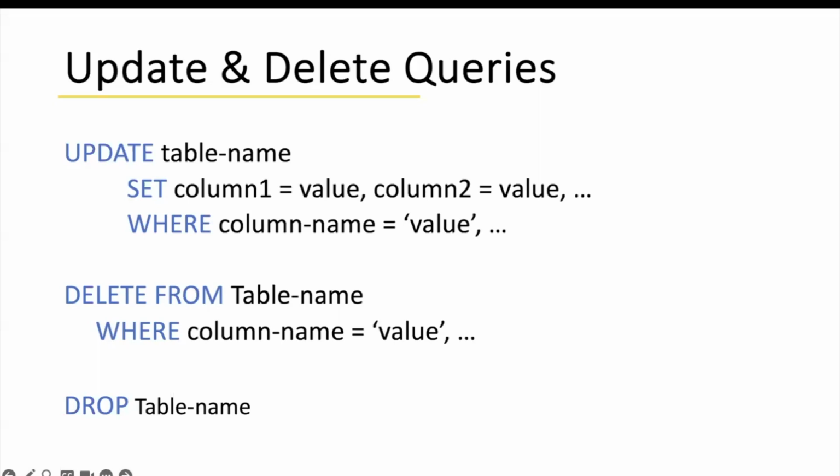So this allows you to precisely pinpoint which specific value in each column should be updated. For the delete, you might use delete from table name where condition is something. So the delete statement removes rows based on the condition provided.